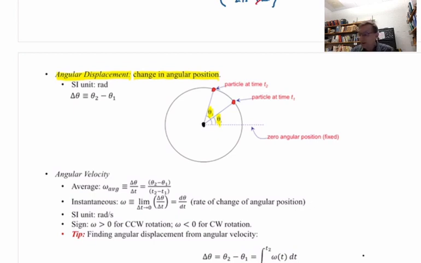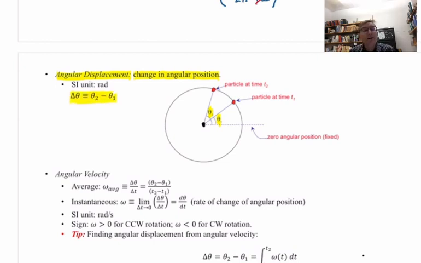So what is the way we would define angular displacement, and what would be the symbols we'd use? Well, we want change in angular position, change in theta. So it's all Greek in this chapter. We would denote change in angular position by the notation delta theta. By definition, that means theta final minus theta initial.